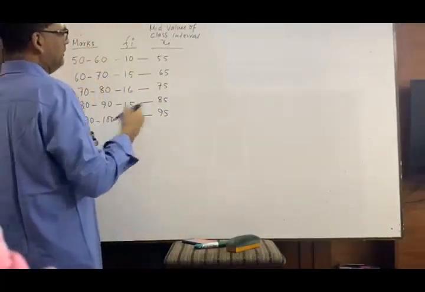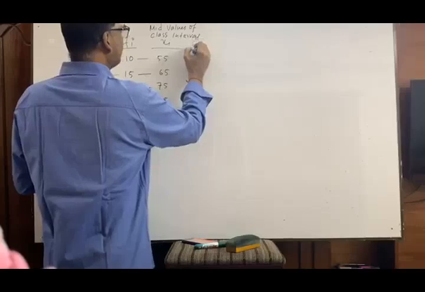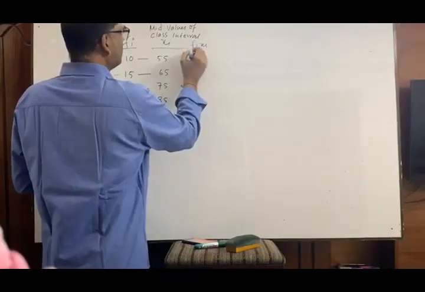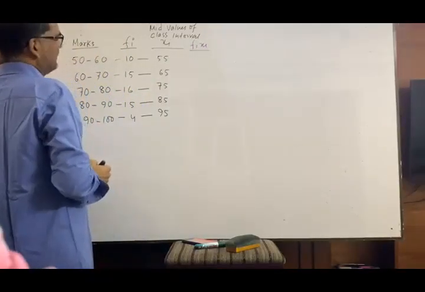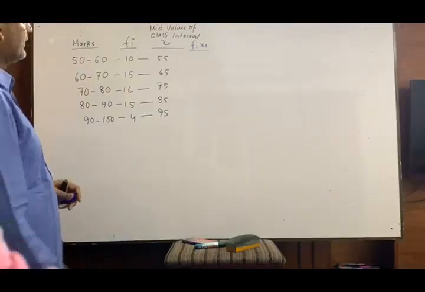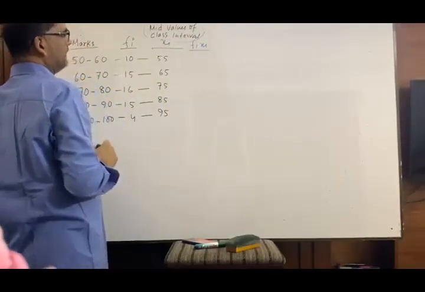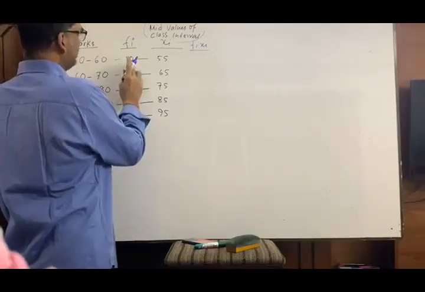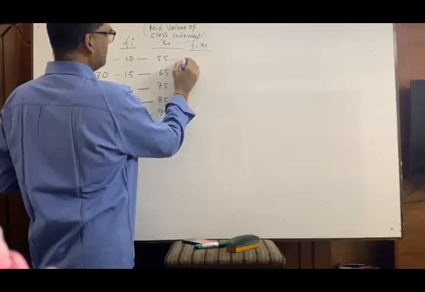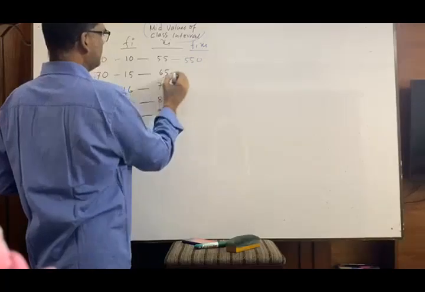Now write down Fi and Xi. Fi Xi equals what? 550 like this.